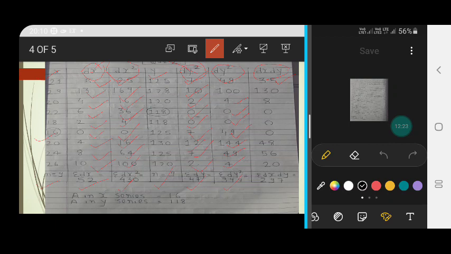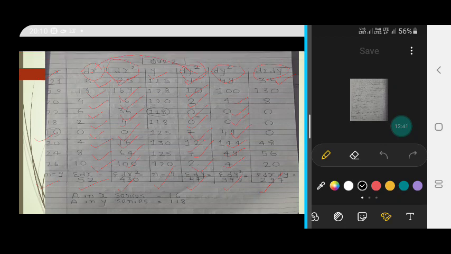Okay, so here we have to make the total of all these values: 35 plus 130 plus 8 plus 0 plus 0 plus 0 plus 48 plus 56 plus 20. So as the answer we are going to get 297. So we will say summation dx dy equals 297. So this way we are done with the formulation of the preparation table.